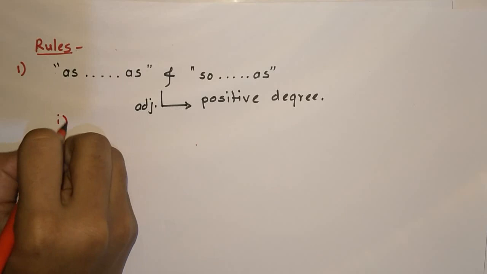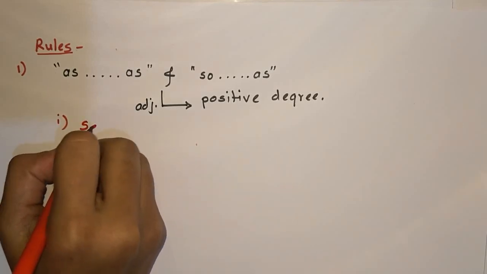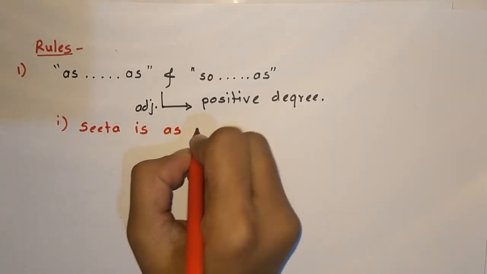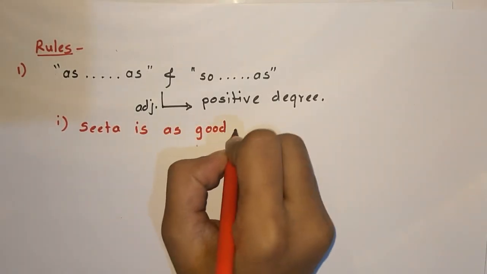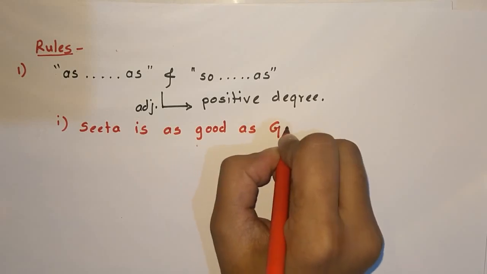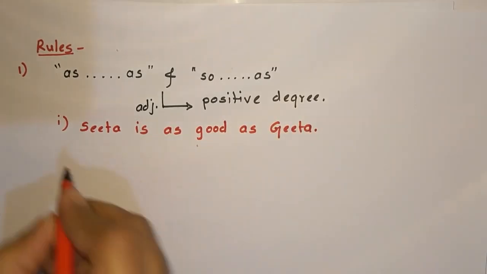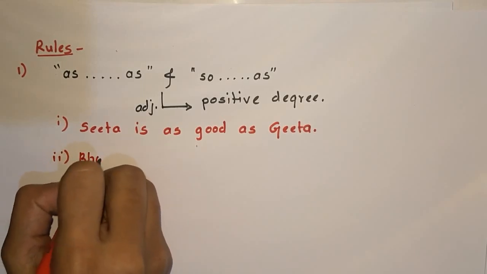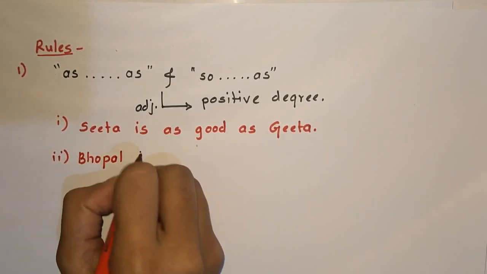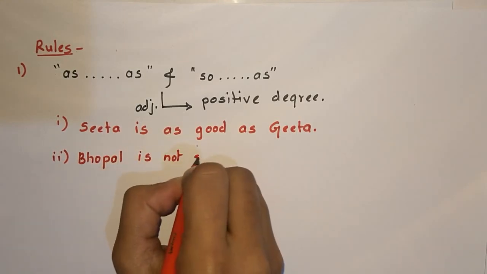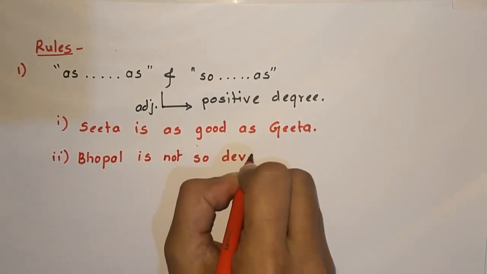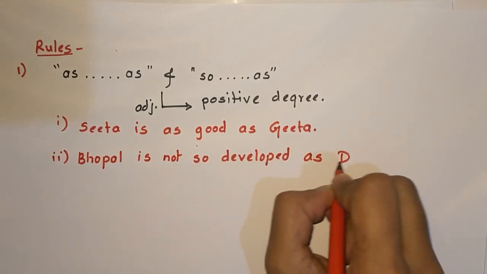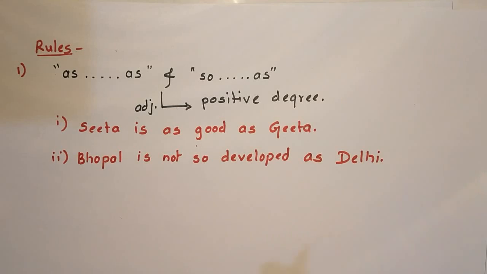First example, Sita is as good as Geeta. And another example, Bhopal is not so developed as Delhi.